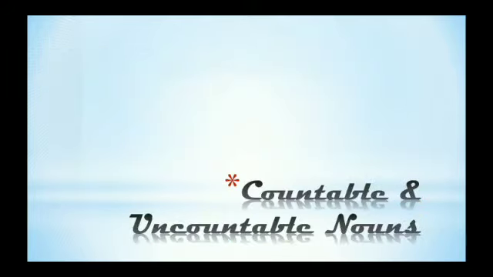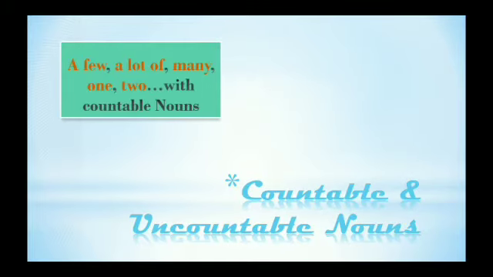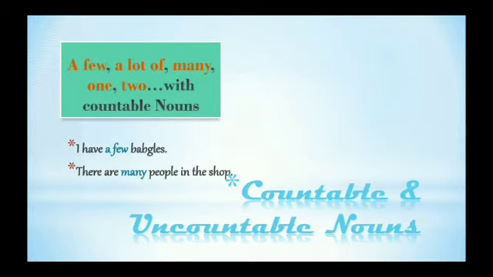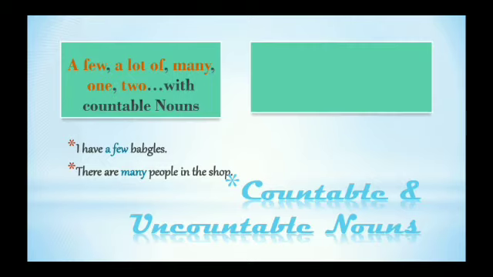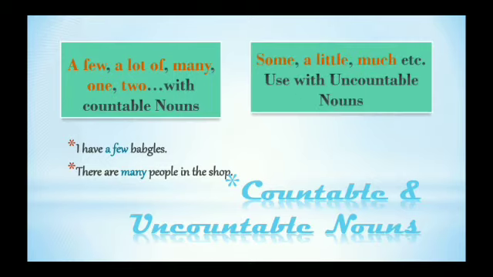Another important thing is we use words like a few, a lot of, many, one, two, three, etc. with countable nouns. Example, I have a few bangles. There are many people in the shop. But with uncountable nouns, some, a little, much.